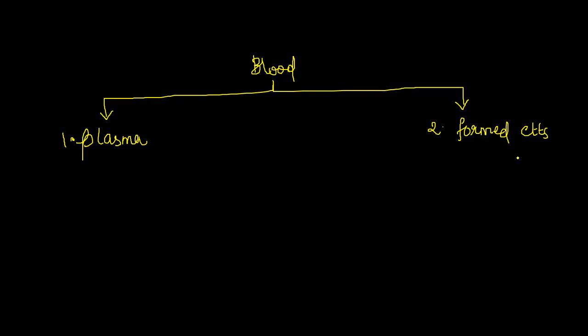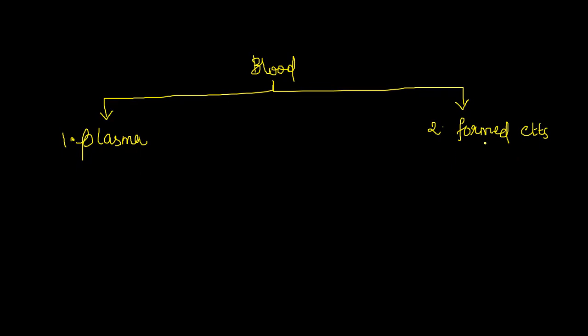Plasma is a straw colored, yellow colored substance that is present in the blood and constitutes most of the percentage of the blood. Nearly 92 to 94 percent of the plasma is water.